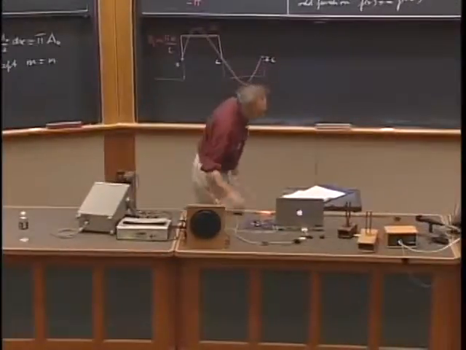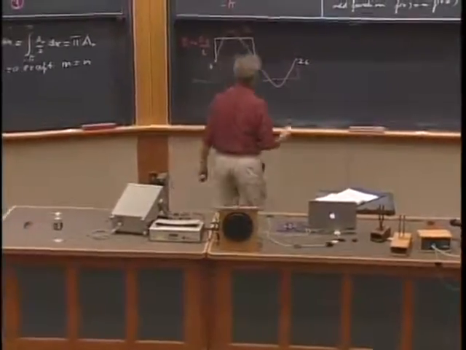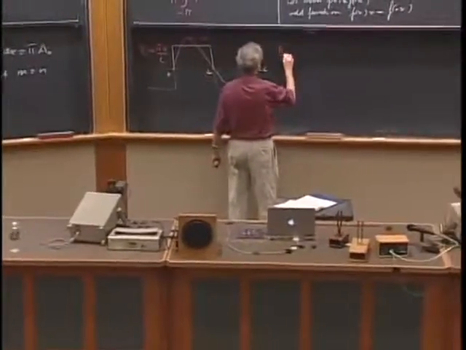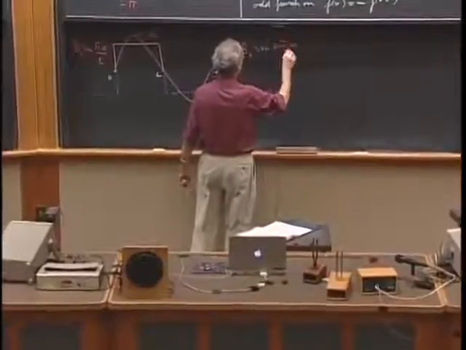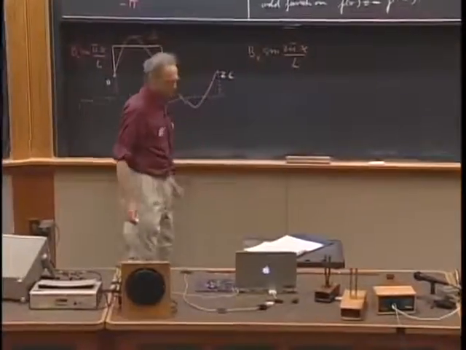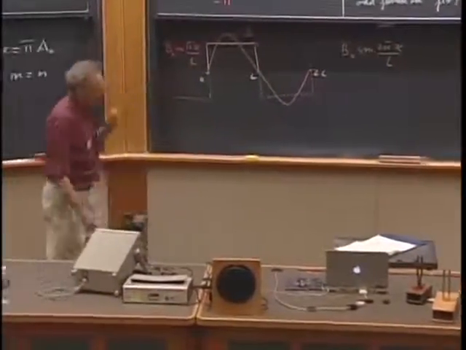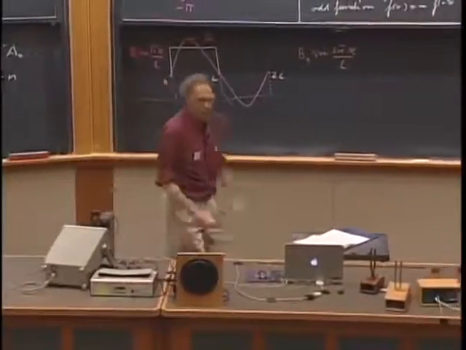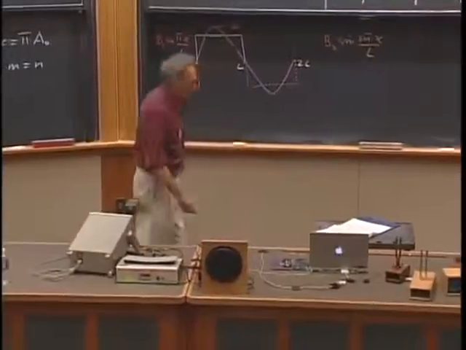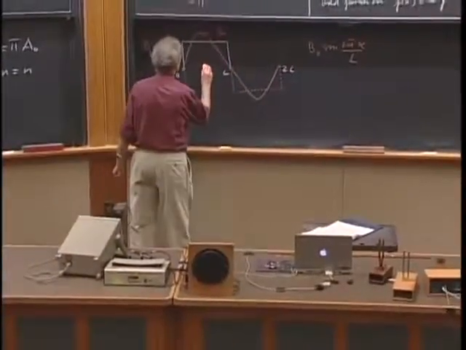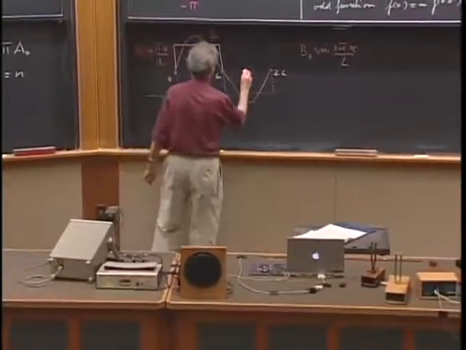Let's now take a look at B2. B2 times the sine of 2 pi x over L. Let's put it in there. I'm full of expectations that B2 will do a great job. So we have here 0 crossings.